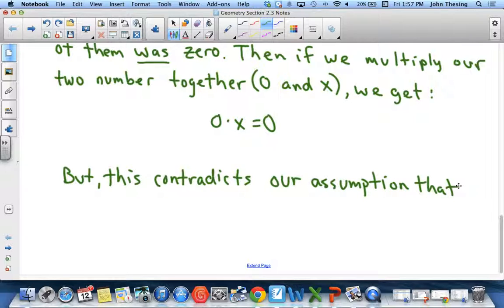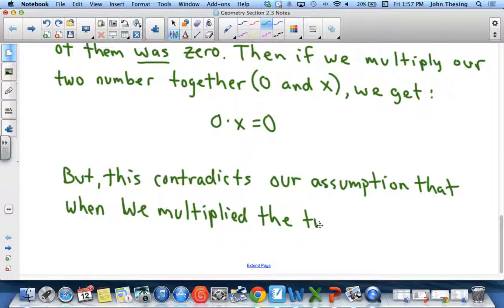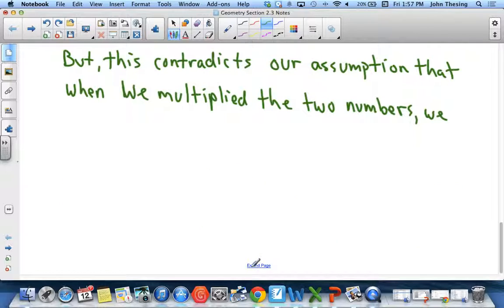This contradicts our assumption that when we multiplied the two numbers, we got something non-zero.